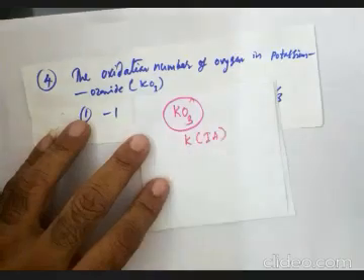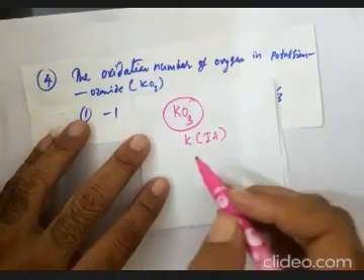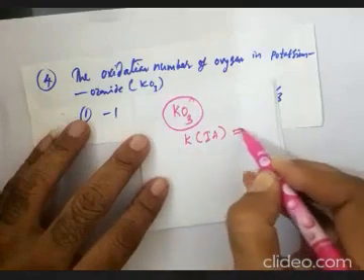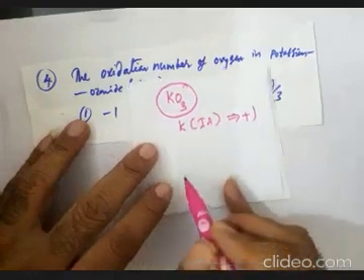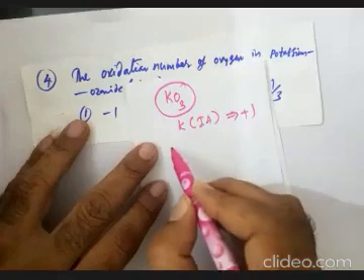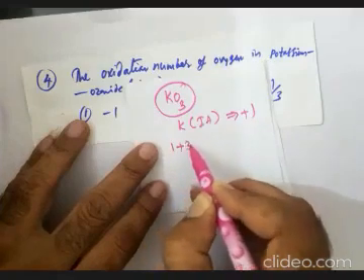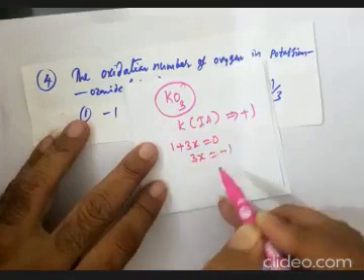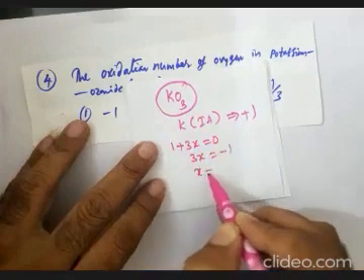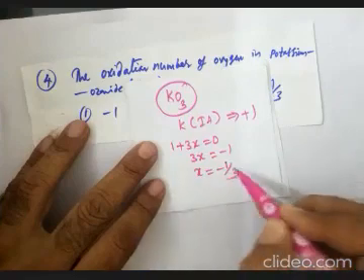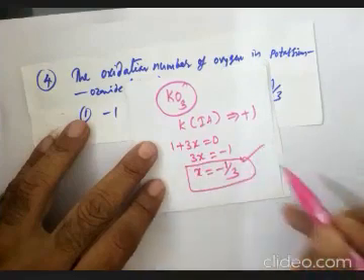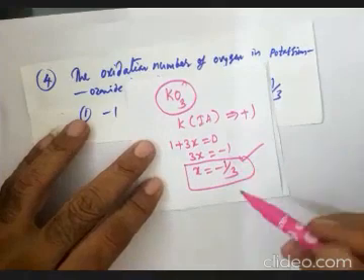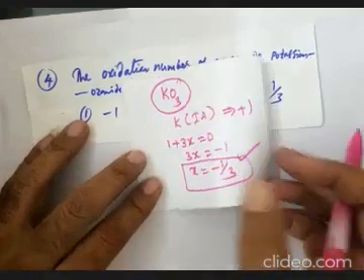First A group elements always show only +1. Simply you can calculate 1 plus 3x is equal to 0, 3x is equal to -1, x is equal to -1/3. So this is a most unstable compound, but answer is -1/3.